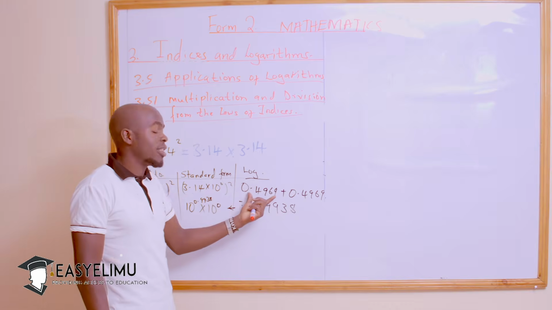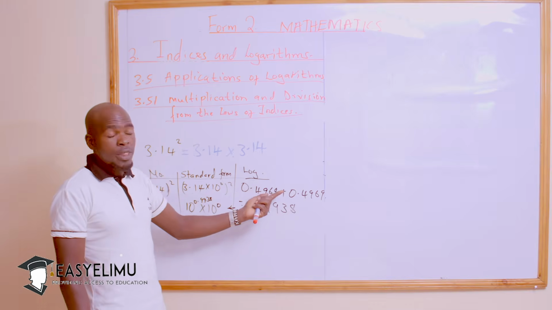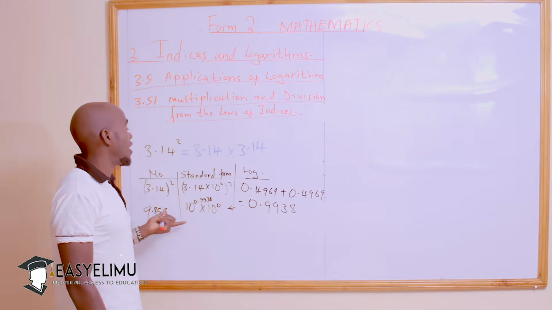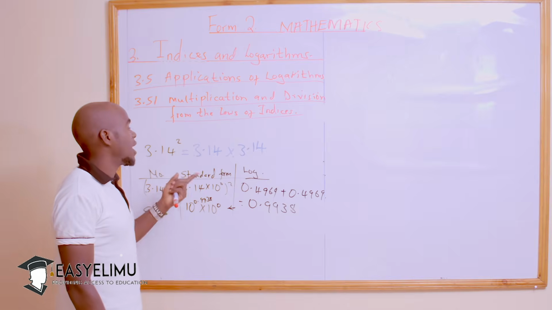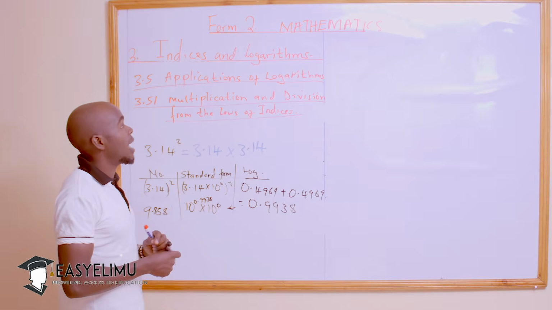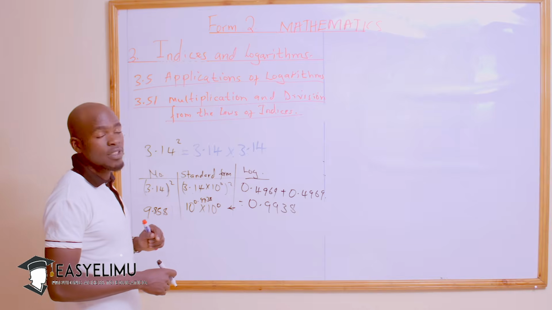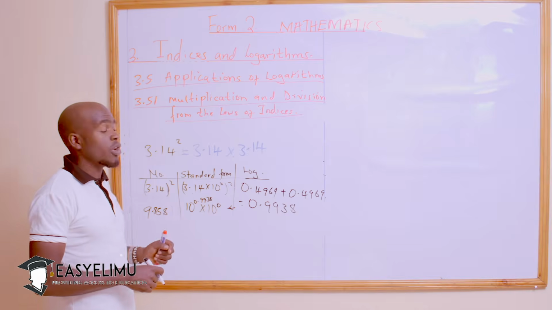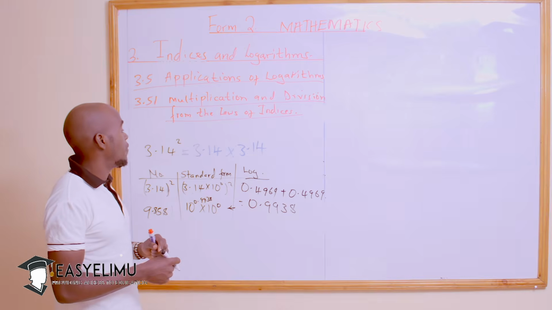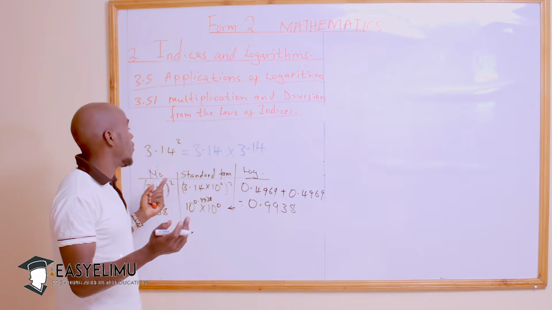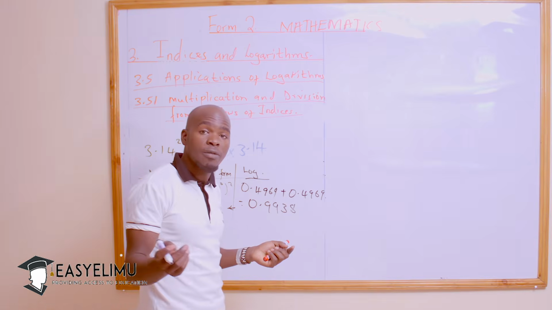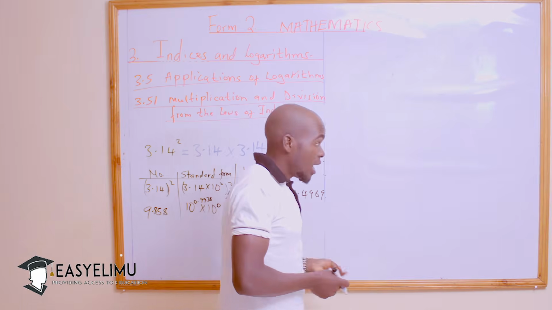After finding the logarithm, multiply it by 4. Then you find the anti-logarithm, you will find the same value. So that is how we apply logarithm in computing squares, cubes, or even roots and powers of 4, 5, and so on.